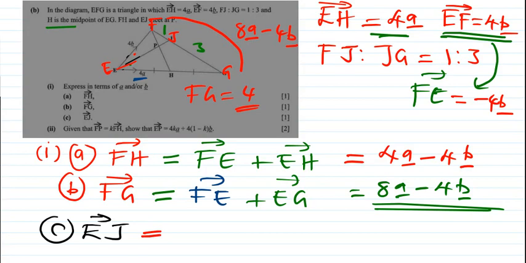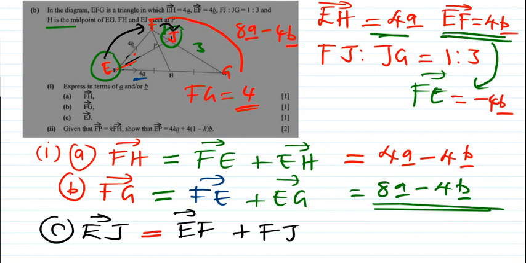So if we are to find EJ, we have to first determine the magnitude moving from E to F and then F to J. So EF, when we get at F, we have to move the magnitude from F to J. So E to F, we know it's 4b.